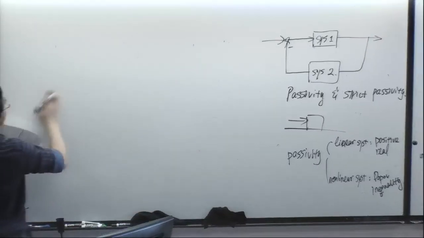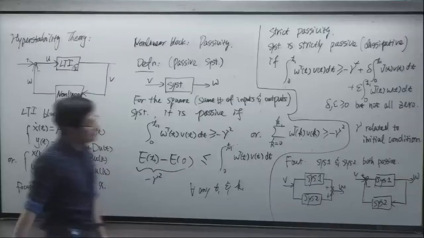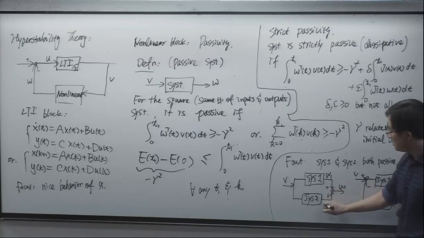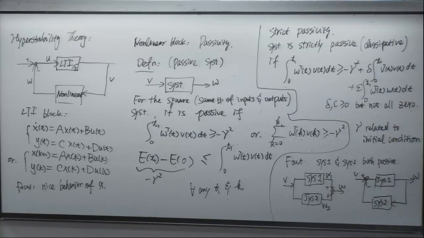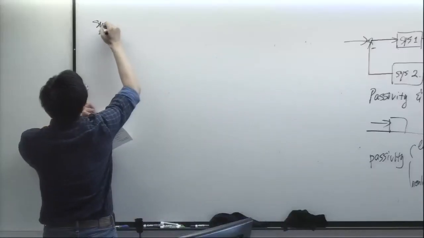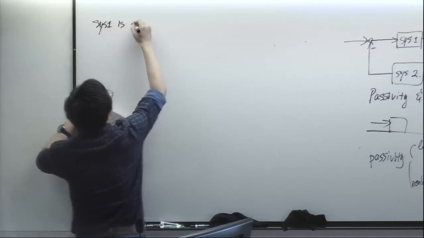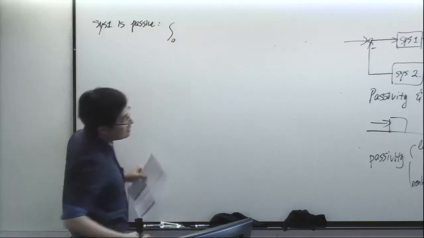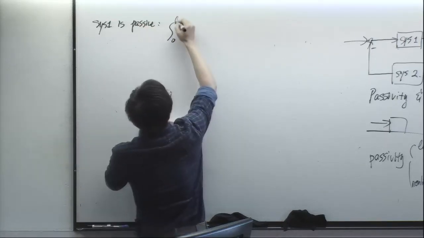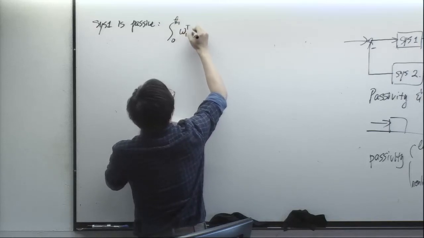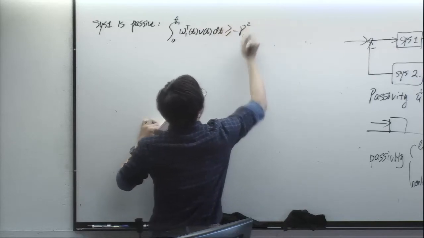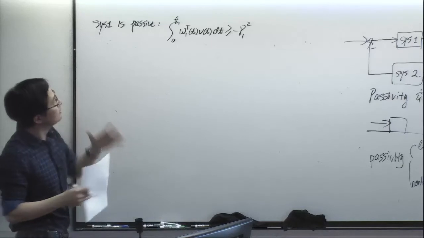So the first one, let's say I have two outputs I will call W1 and W2. Then, because system 1 is passive, let's consider the continuous time case. It's going to be lower bounded by some negative gamma 1 squared.